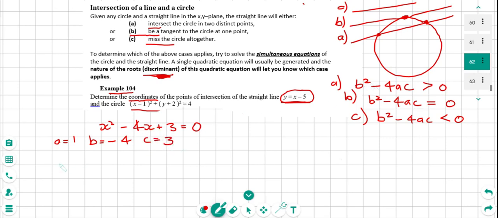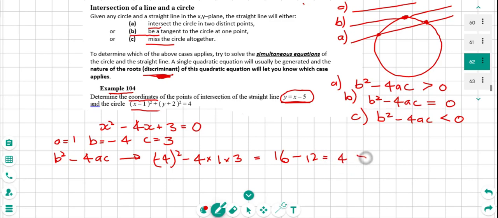So if we substitute those into the discriminant, which is b squared minus 4ac, then what that will give us is b squared, so -4 squared, minus 4 times 1, which is a, times 3, and that is equal to 16 minus 12, which is 4.